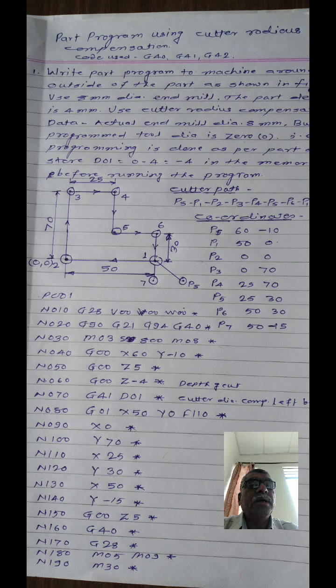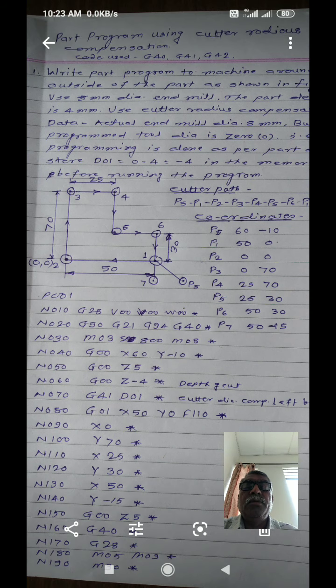Here, instead of considering the radius of the cutter, you can ignore it and develop the tool path as per the basic dimensions of the part drawing. While writing the tool path, you don't consider the radius of the cutter. Directly, you can develop the tool path according to the basic dimensions of the part drawing.